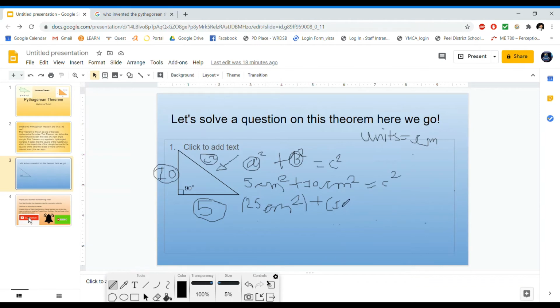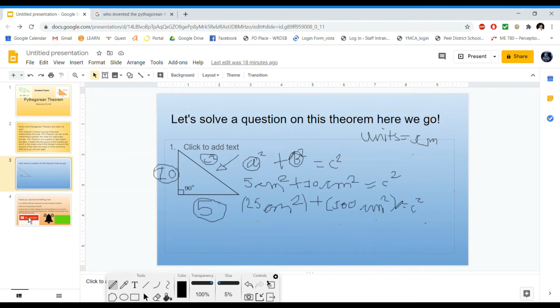So 10 times 10 is 100. That's basically 10 squared. So you just write 100 in the bracket, and then write centimeters squared inside the bracket, and then you write equals c squared, of course, the hypotenuse.